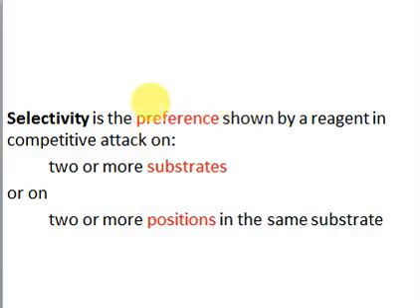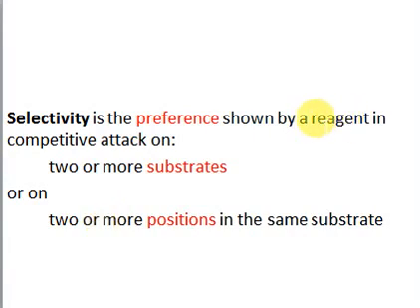The other way around, selectivity may also involve the preference of a reagent for one position rather than another position, right? So in simple terms, if you have a substrate with two positions which can be attacked, but one of the positions is sterically hindered, then your reagent will not attack that hindered position.